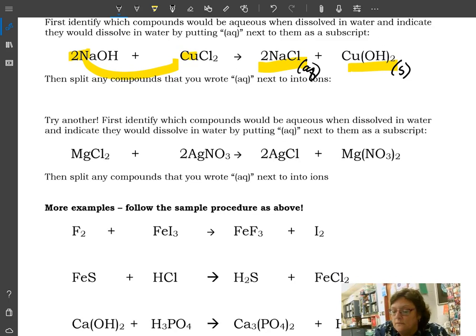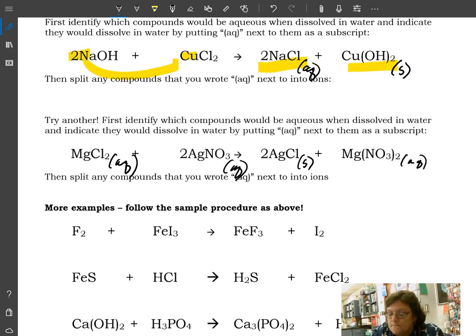And that's what we're going to use our solubility table for. Here is another one. First, identify what compounds would be aqueous. Magnesium chloride is aqueous. Sodium nitrate is aqueous. But chloride, when it bonds with silver, silver nitrate here, silver will precipitate. That's that PMS exception. Magnesium nitrate will stay in solution. Okay, let's try this one.